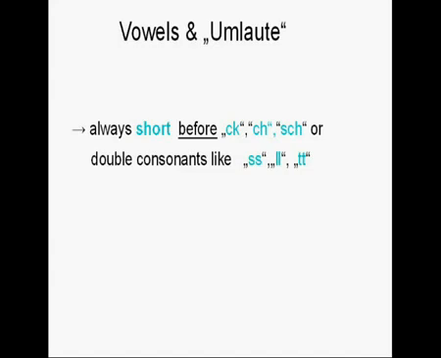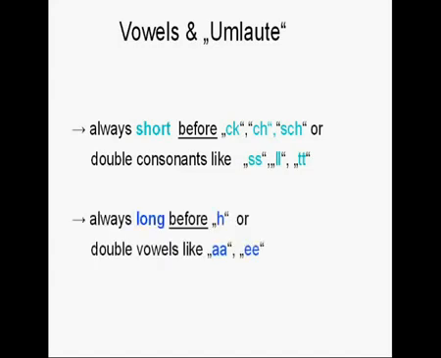And vowels and umlaute are always long before an H, or before double vowels like AA, EE, and so on and so forth. But unfortunately, for every other case, there is no rule.